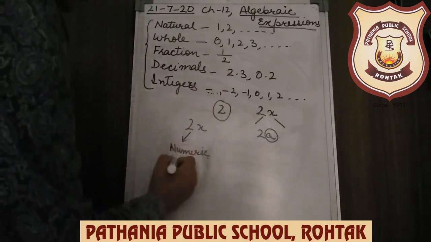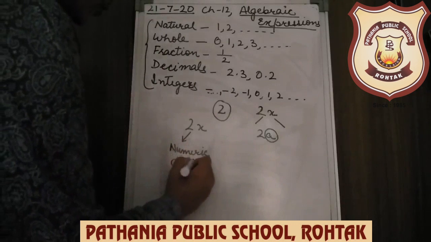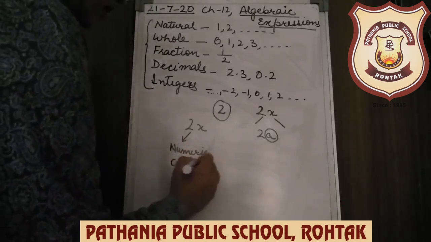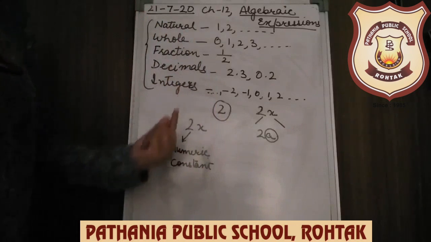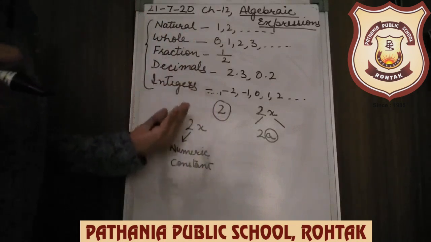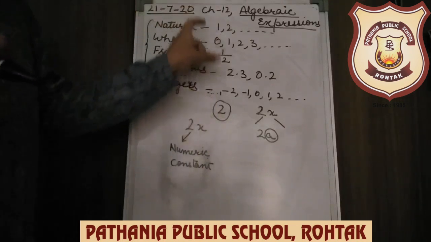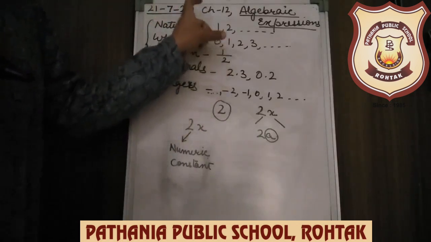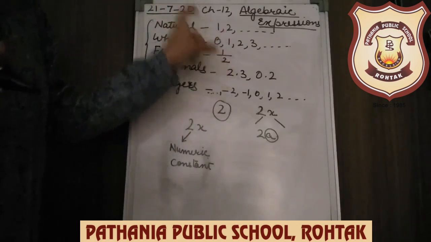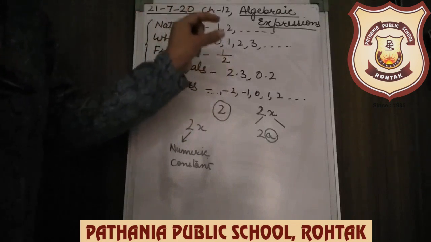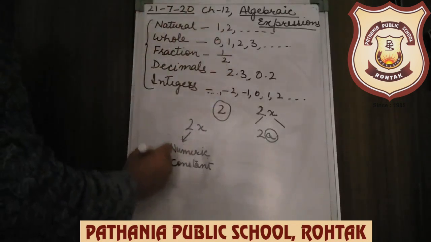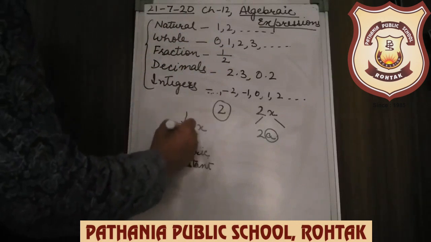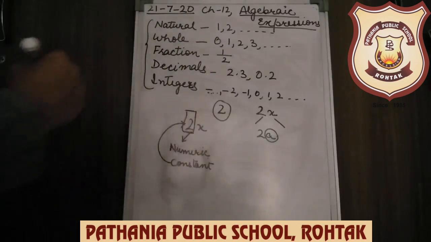And it is always constant. This is called constant because the value for 1 is 1, 2 is 2, 3 is 3. If I write -1, -2, these are all fixed values. The numeric value will always be a fixed value, constant. It is not going to change. So we call this the constant part of the algebraic expression.